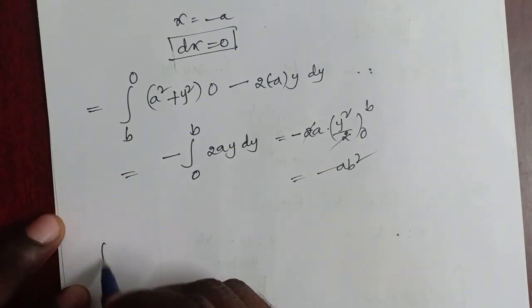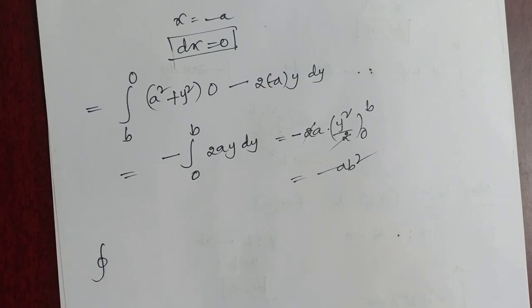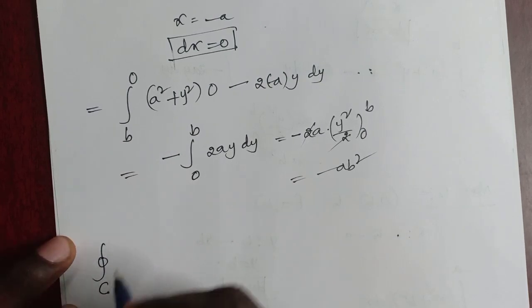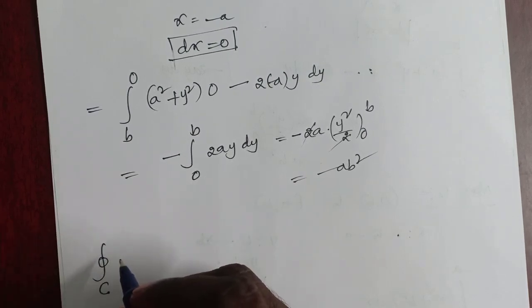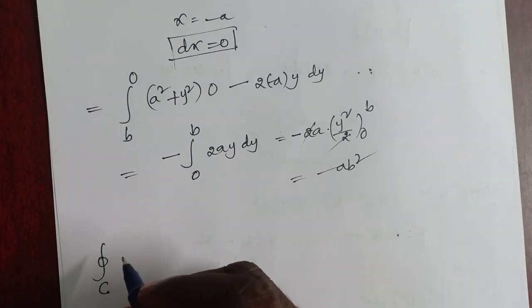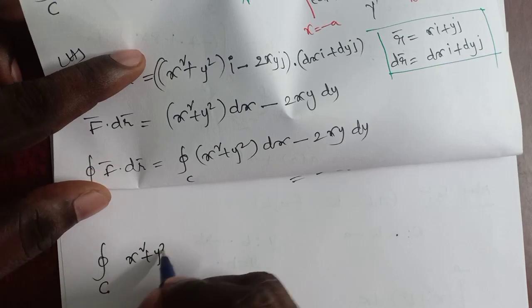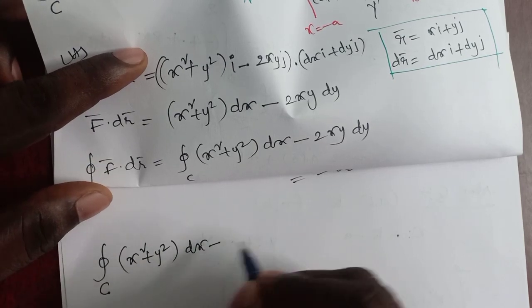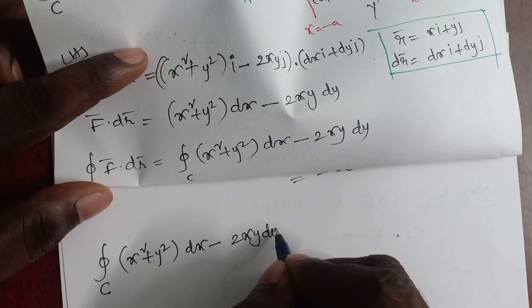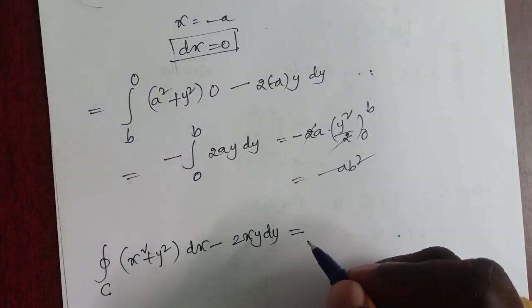Then coming to the final line integral along the curve C. So what is our value? So which is x square plus y square dx minus 2xy dy equal to summation of all four curves.